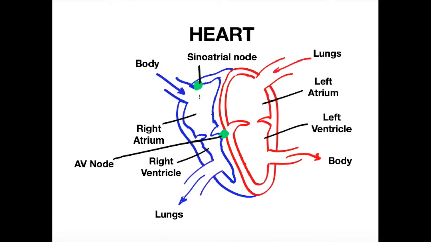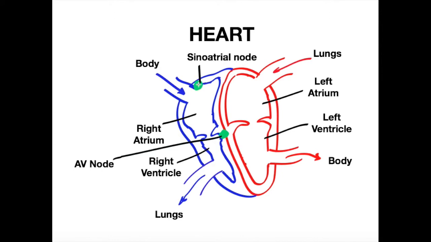Now on this diagram you can see these two green areas here, which are nodes that make the heart squeeze or contract, allowing the blood to be pushed through. The way this works is that we get an impulse that comes to this first node, which is the sinoatrial node.